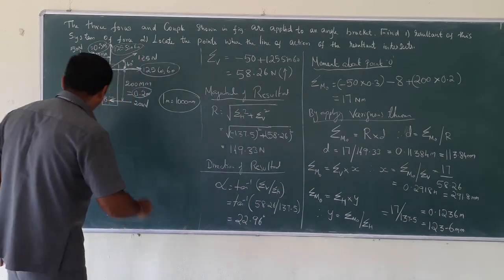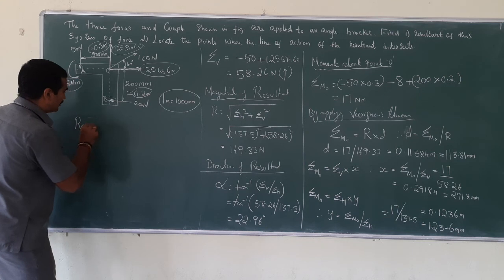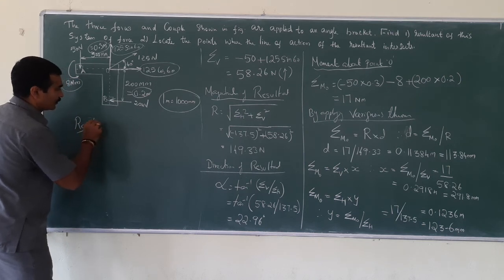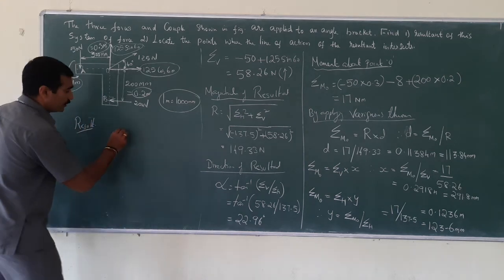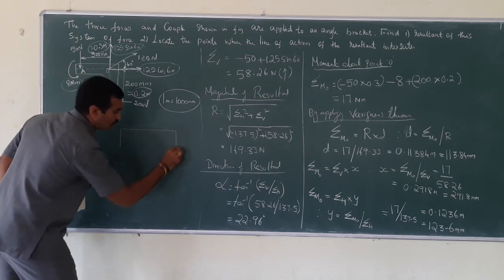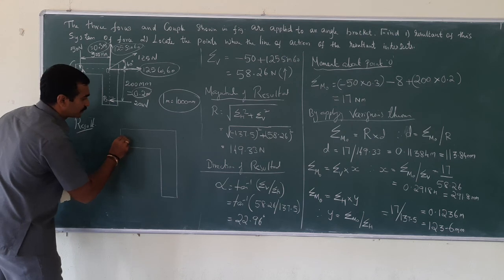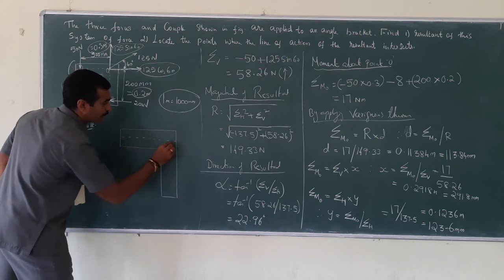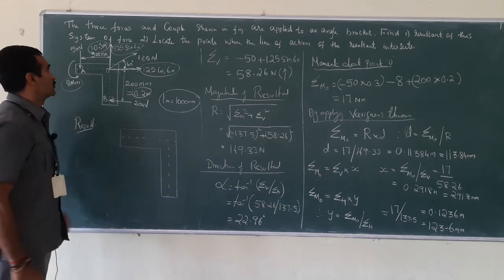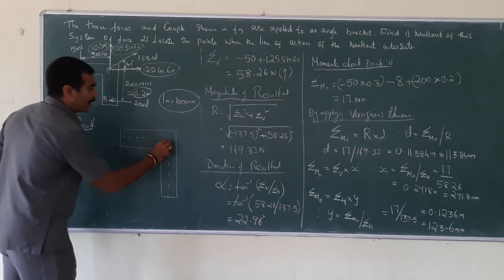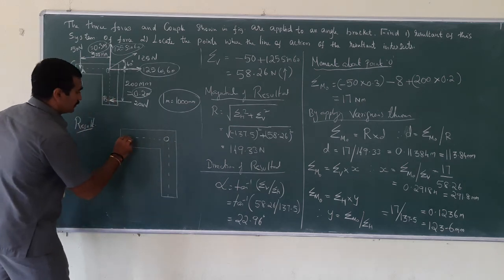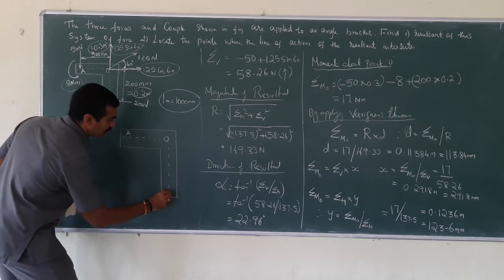Finally, you will have to show the graphical representation. This is the object, isn't it? This is the line of action. So now this point is O, this point is A, and this point is B.